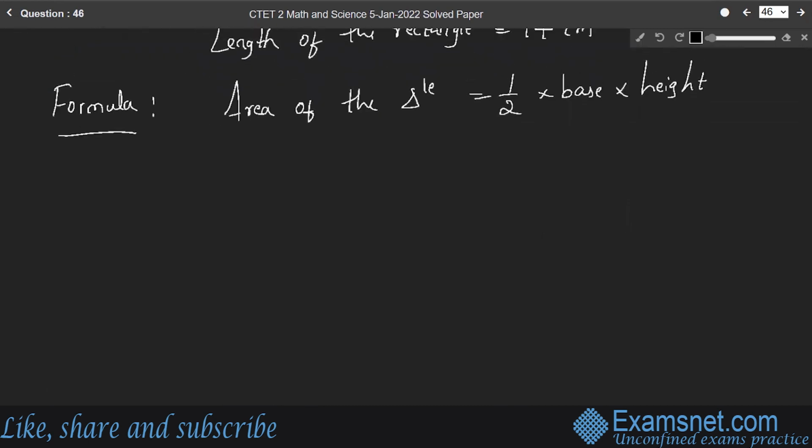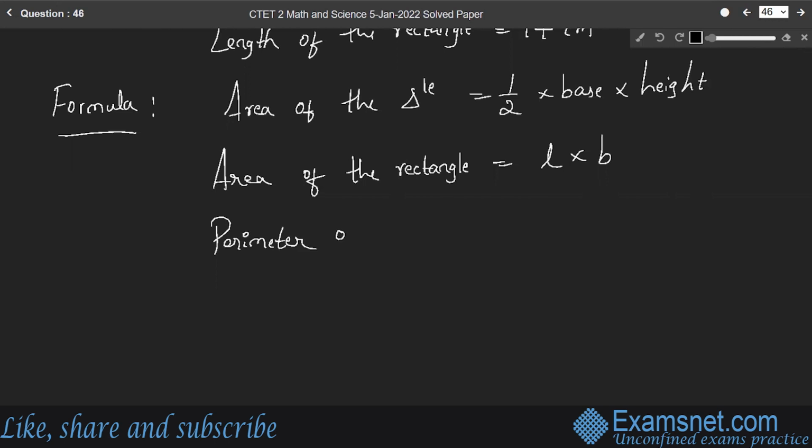So area of the rectangle is equal to length into breadth. Then at last perimeter of the rectangle. Perimeter of the rectangle is equal to 2 times length plus breadth. So calculation.